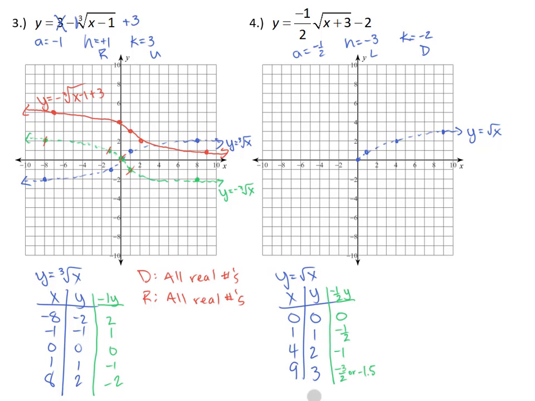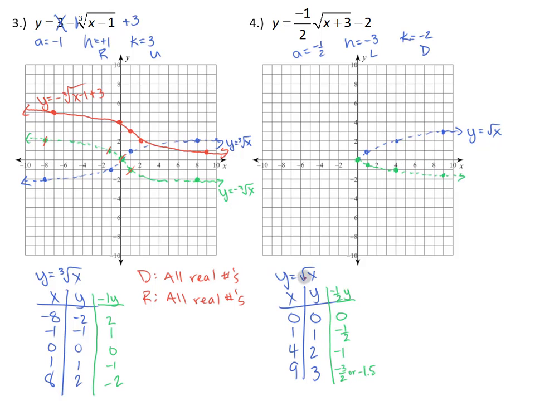Okay, so 0, 0, 0. We've got 1, -1/2, 4, -1, that's here, and then 9 and -1.5. So you can see not only did that flip my graph upside down, but it's now only half the distance from the x-axis, right?